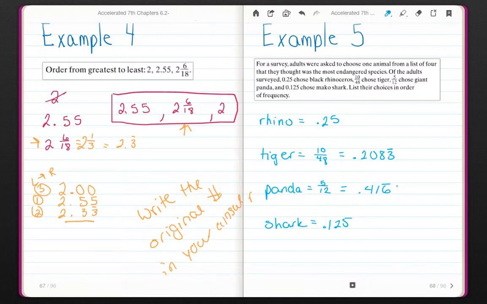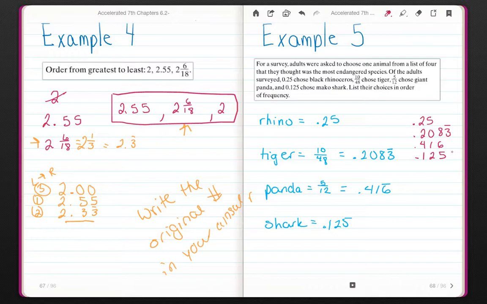So if I take my numbers and I write them in order, and line up those decimals. So 0.25, 0.2083, 0.416, and 0.125.